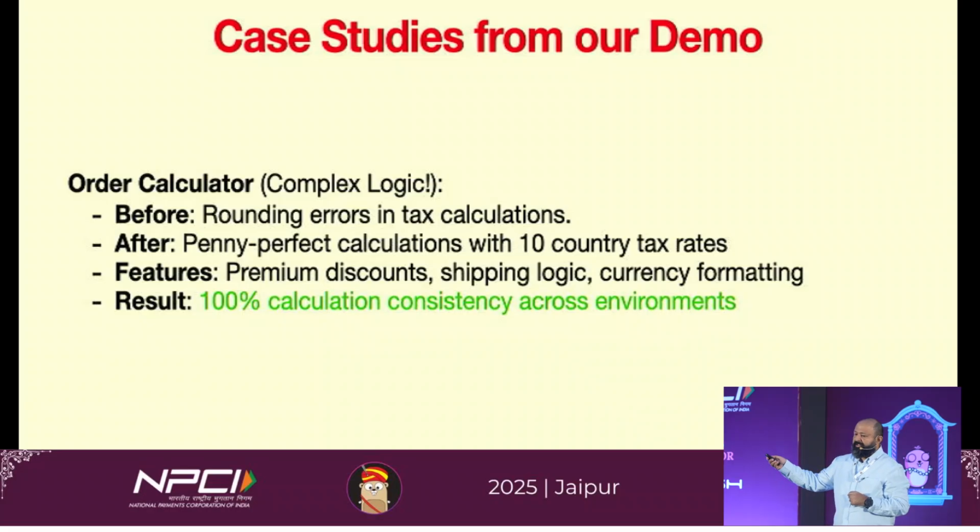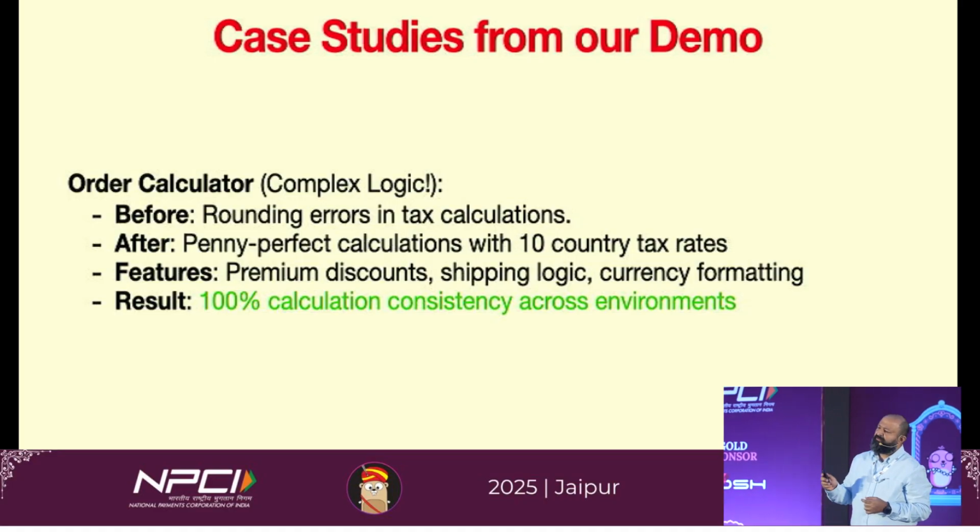In the order calculator, what we saw initially before WebAssembly, that there were different sorts of rounding errors with tax calculation, especially if you were to do tax calculation in JavaScript versus in Go, because of floating point precision and other caveats, there can be differences between the results, and that can obviously lead to a lot of issues. What we see after having ported things to WebAssembly, Alex gets penny perfect calculations with 10 different country tax rates.